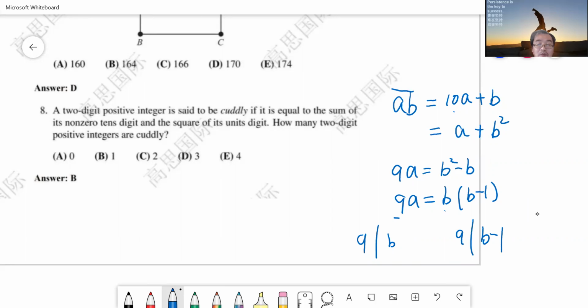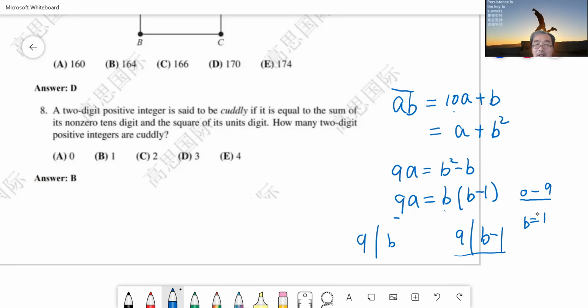So we can have 9 divides B, or 9 divides B minus 1. But remember, B is a digit, which means from 0 to 9. Then the only possible is B equal to 1. In this case, B minus 1 equals 0, and 9 divides 0.